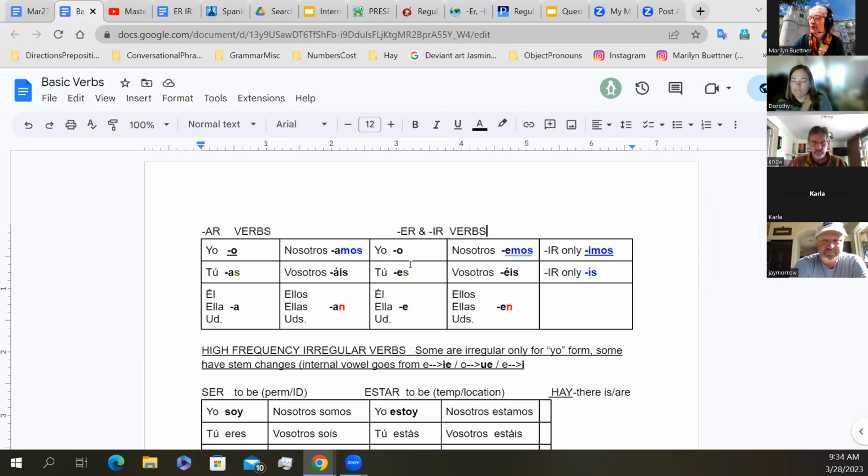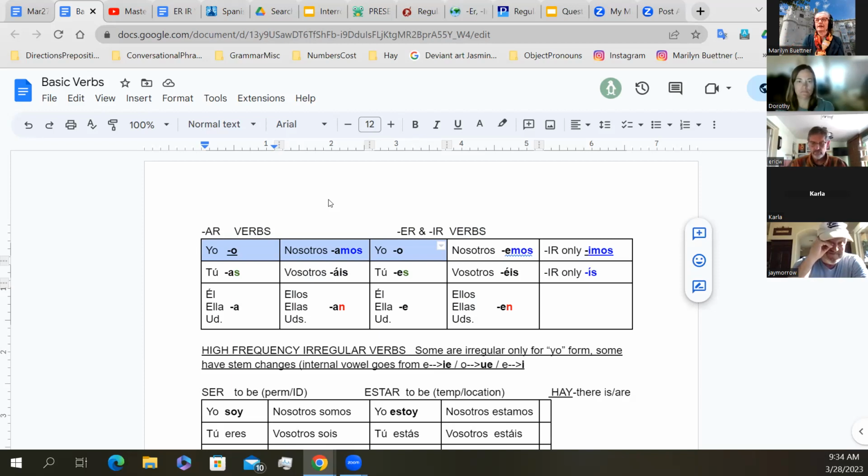Okay, so a review of ER and IR endings. The yo verb forms for present tense are always easy because yo, I, ends in o, and the verb endings for yo in AR and ER and IR all do the same thing, and that is they end in an o.